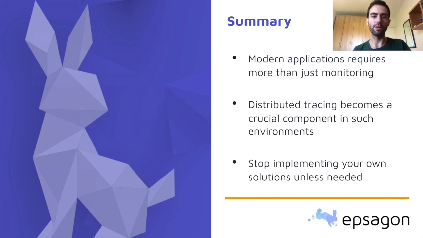And I think for you out there, try to stop implementing your own solution. I know that it's very fascinating to learn about tracing and start to implement your own solution and do one step after the other, but then you end up with a solution that doesn't work really well, and somebody needs to maintain it. Just try to at least evaluate some solutions that already exist and are doing their best at observability.